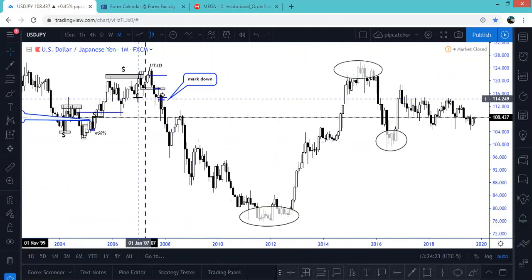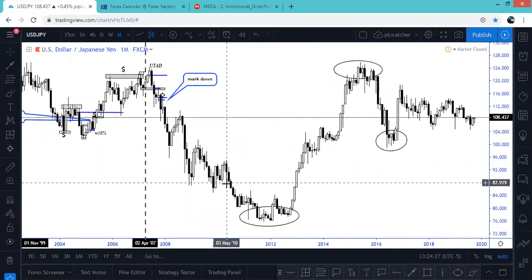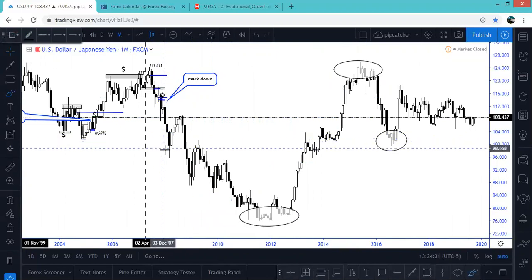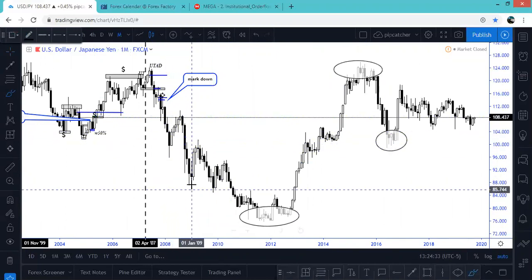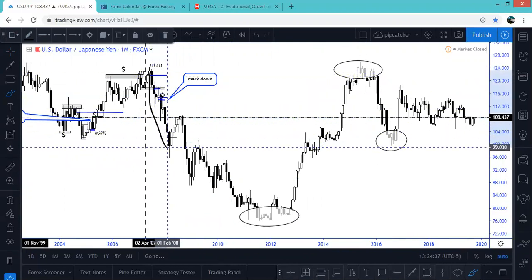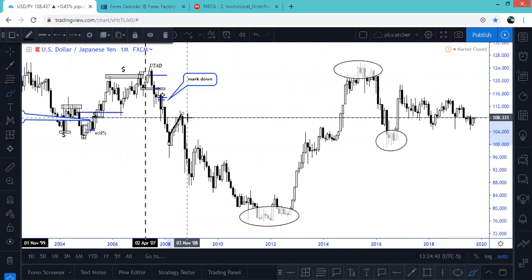From where we left off back here, you see this nice long trend down. We see 5 waves right here. We see a long drop, contraction, and then expansion, right?